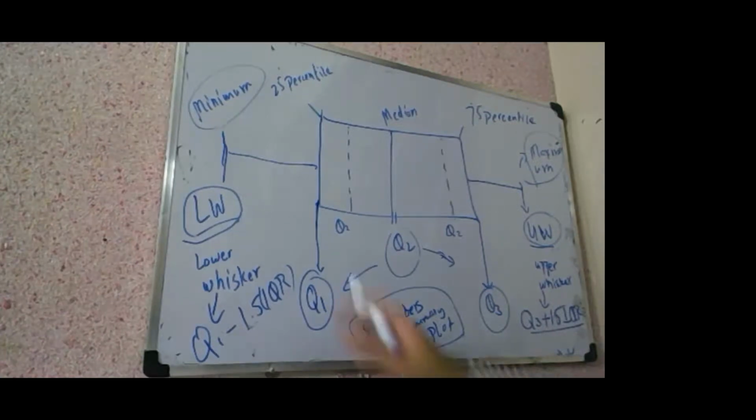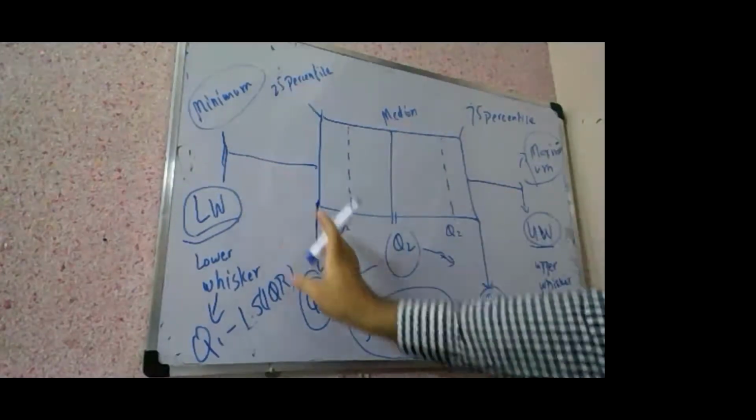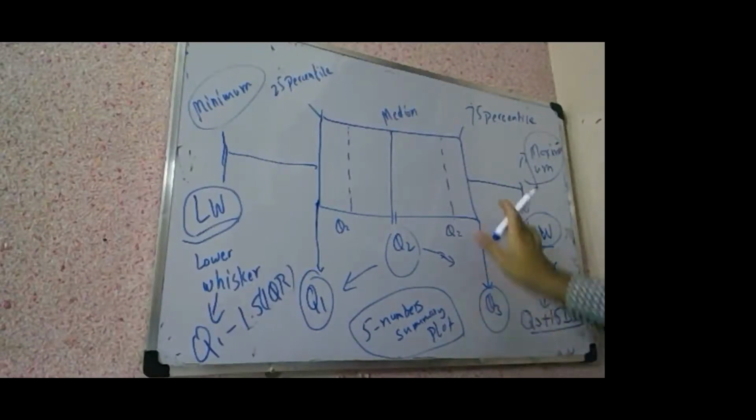because outlier must be in this range, out from Q1 to lower. We have already learned this concept, that why do we need IQR, interquartile range? Because to identify the outlier, if there is any outlier.